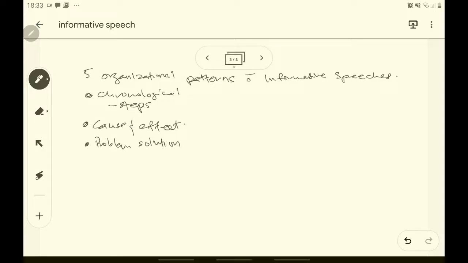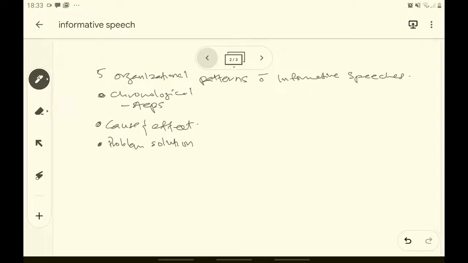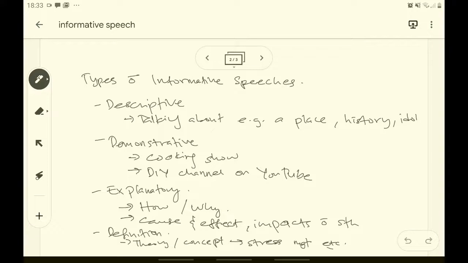Problem solution requires you to focus on the problem and the solution. So here you have to show the connection between the problem and the solution of the problem. So this could also be applicable in the explanatory type of informative speech.